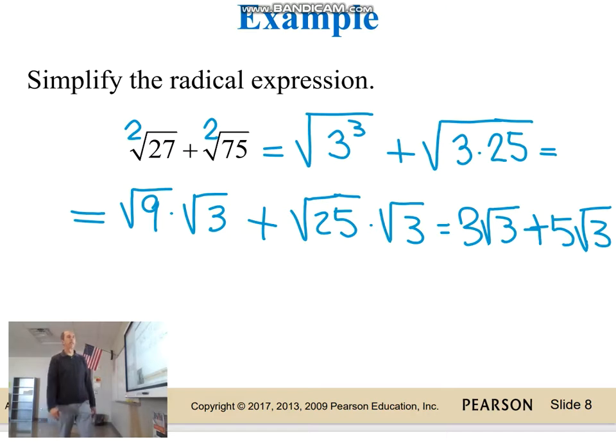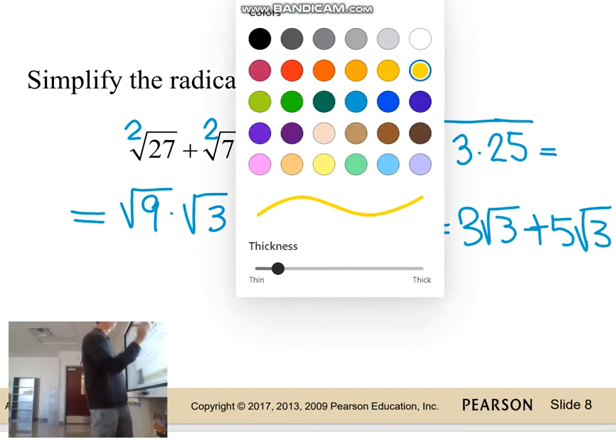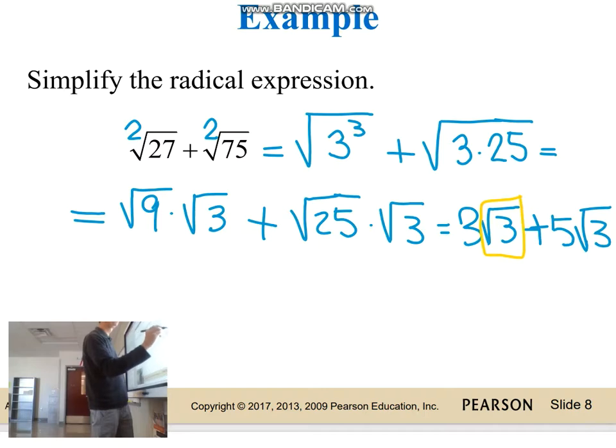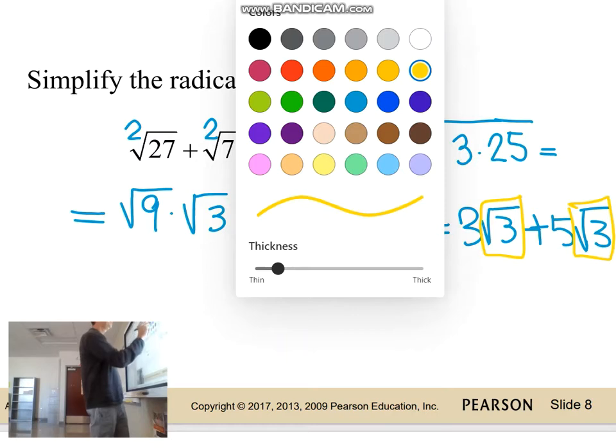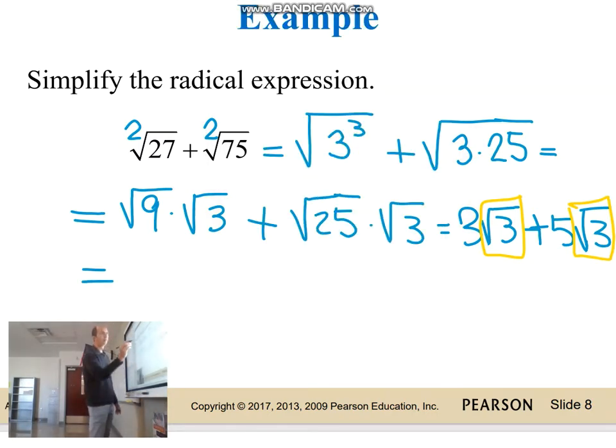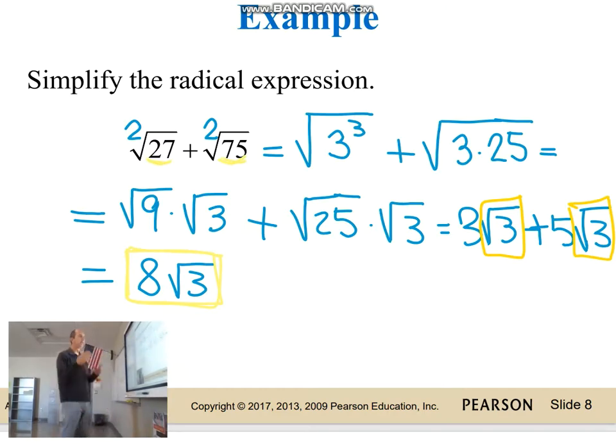Now we can identify like radicals. Check this, we have the square root of 3 and the square root of 3. Add the coefficients, 5 plus 3, 8, square root of 3, and this is the answer, the result of the simplification. It was possible because you factored the numbers and managed to find a like radical to combine.